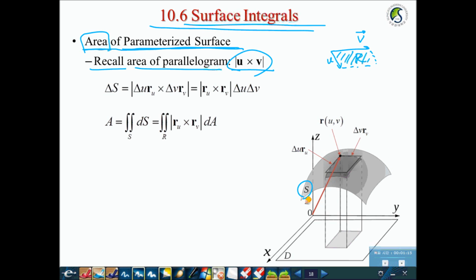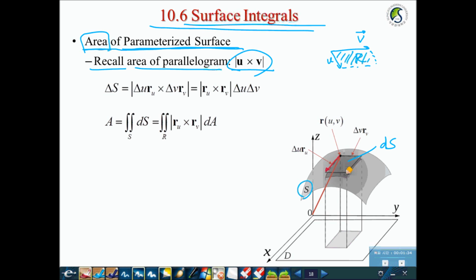We have a surface S, an arbitrary surface in X, Y, Z, and we're going to differentiate a very small portion of S, which is dS. Then we assume that this is our u direction.